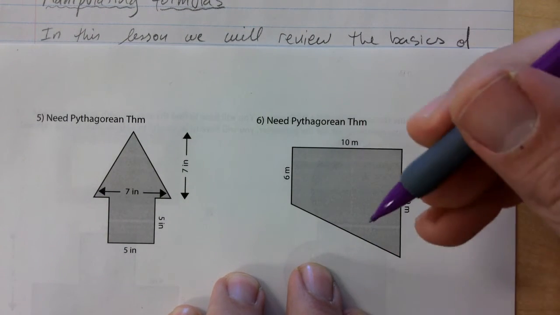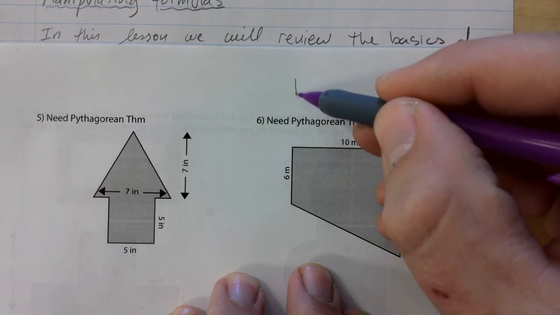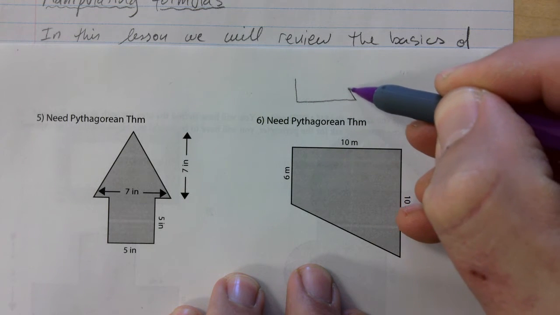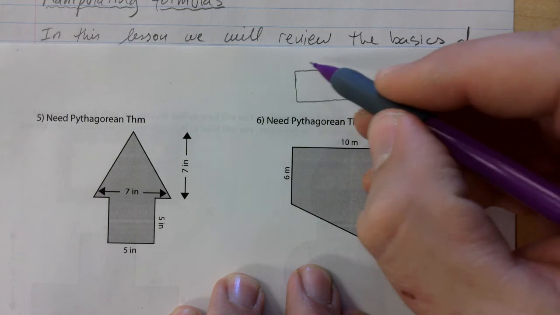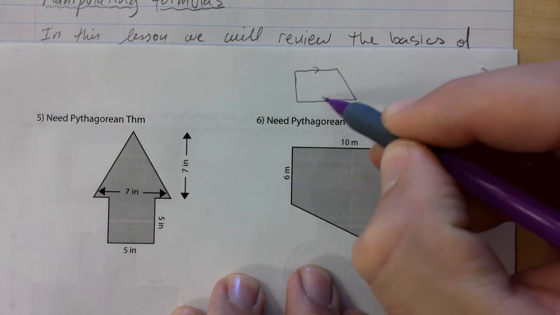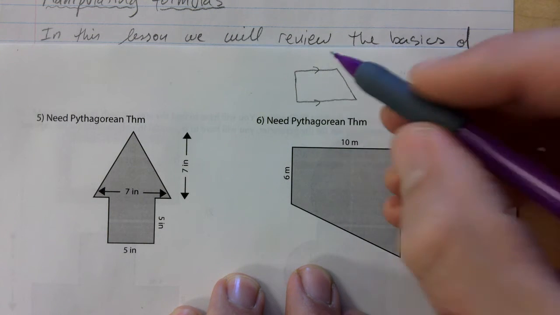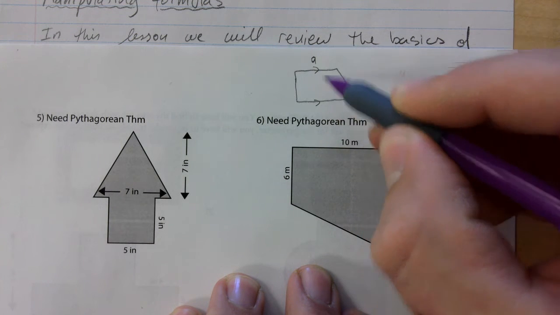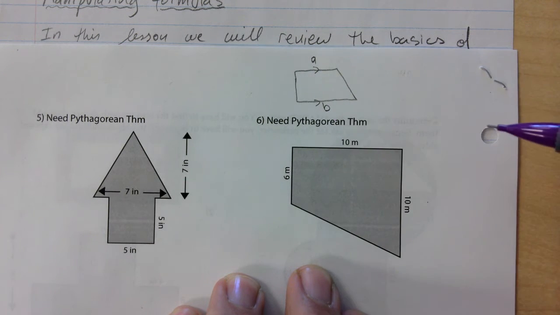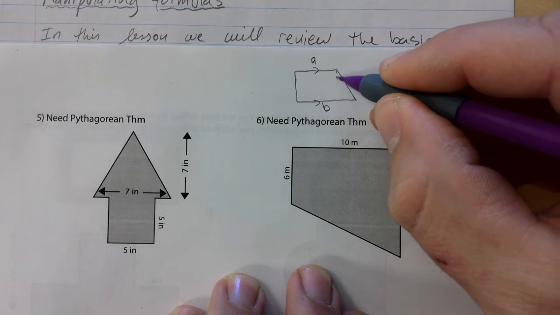So if you have a trapezoid like this, one of the sides is always parallel to this side, okay? So we call one of them A, we call the other one B, and the other one is the height.